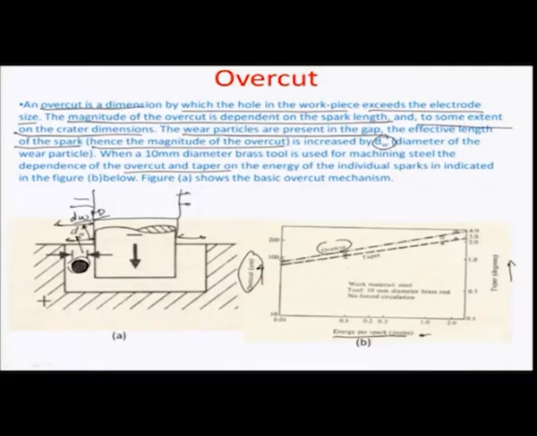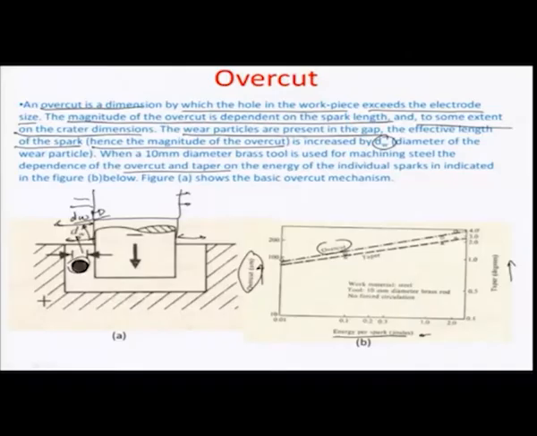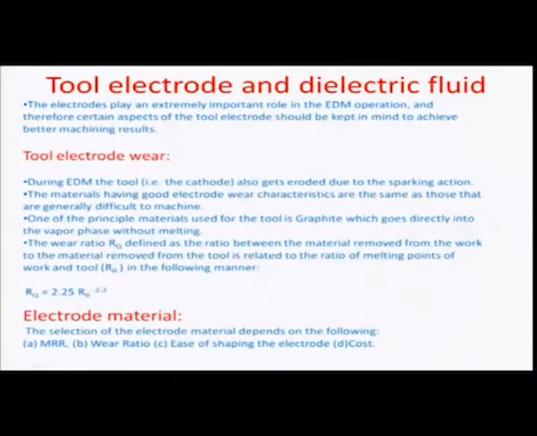On the other hand, if spark energy is more, the taper also is substantially increasing. So all these defects or aberrations are really related to the spark energy in joules that the EDM process has to offer.